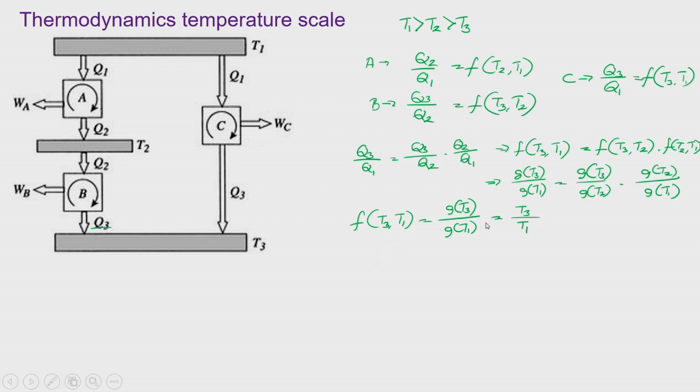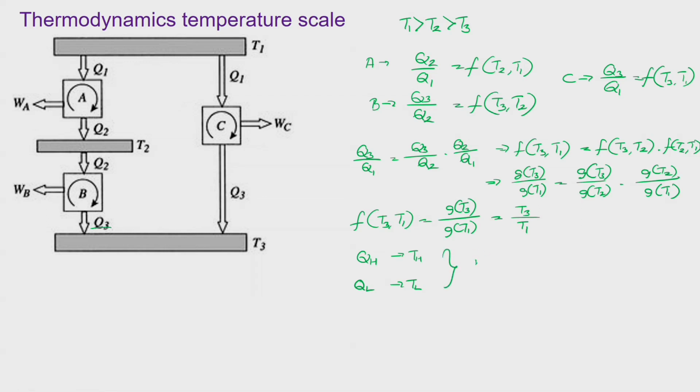So, what we are getting then? We now have the efficiency for a heat engine which is taking QH amount of heat from a reservoir at temperature TH and rejecting QL amount of heat to a reservoir at temperature TL.